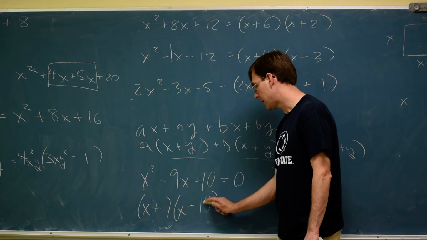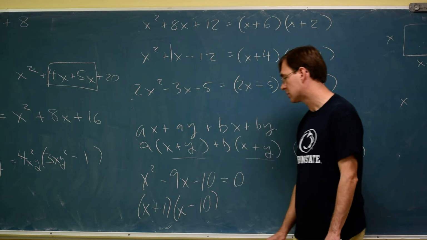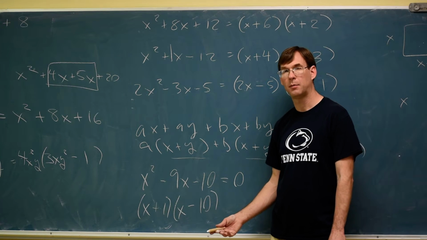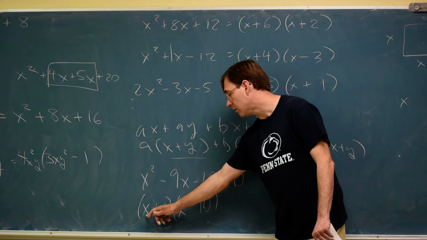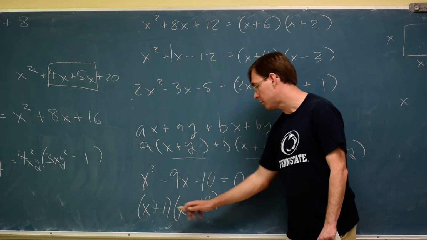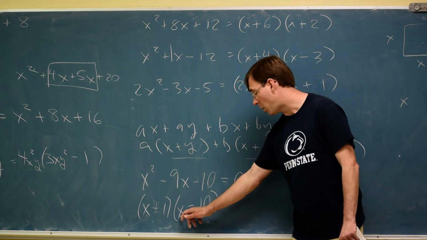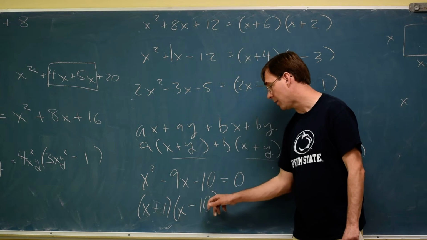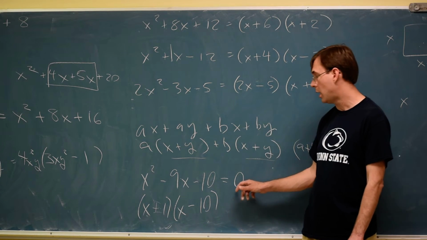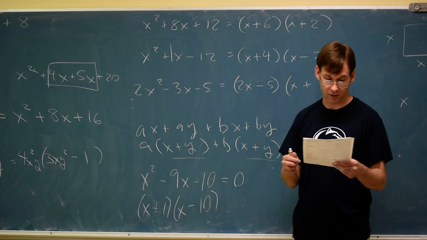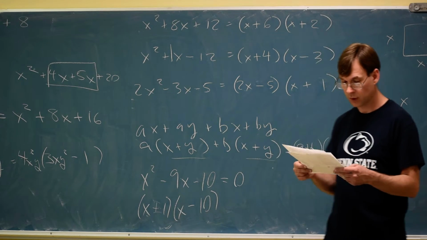The minus takes the bigger one, which is the 10, and that's the 1. And then we just flop signs. If this were negative 1, we'd make that part of the problem 0, which is what we want. Positive 10 minus 10 makes that part of the problem 0, which is what we want. So positive 10 and negative 1 are those answers.